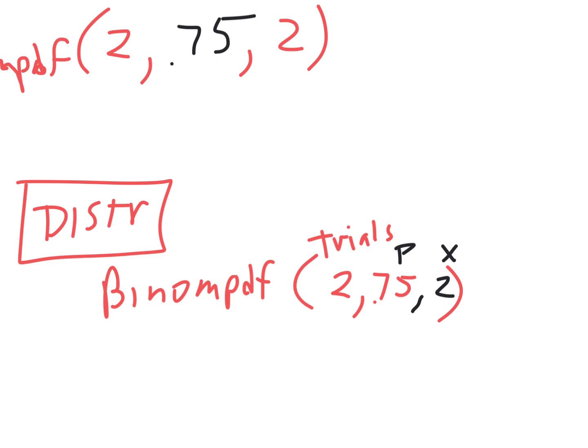So it's going to do 2, comma, 0.75, comma, 2. Now, if you had trouble putting that in, you should ask me in a second how to do that. If you did it right, you got a decimal that starts with 0.5. How many of you got that? All right, it is 0.5625.